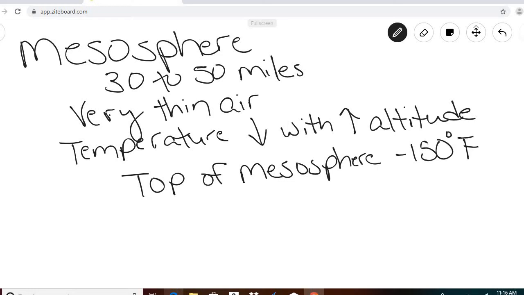So remember, at the top of the stratosphere, we said it was about 37 degrees Fahrenheit. And then by the time you get to the top of the next layer, the temperature has dropped to negative 150 degrees. And that's because there's not as much ozone, and so the temperature is going to drop off again.